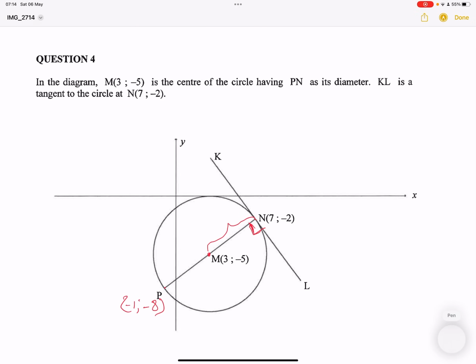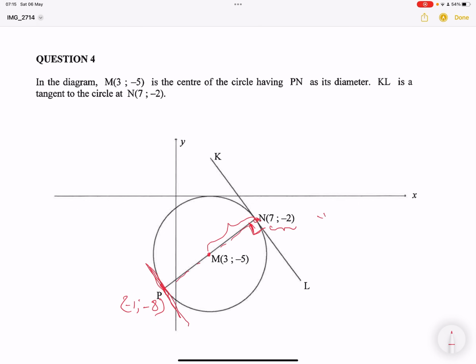I want you to really think about it. It would be a tangent at N. But if I shift it, it would also be a tangent at this point here. So what I'm going to do is substitute that point. We already know what the y value here is.